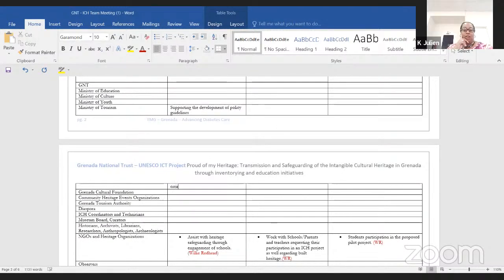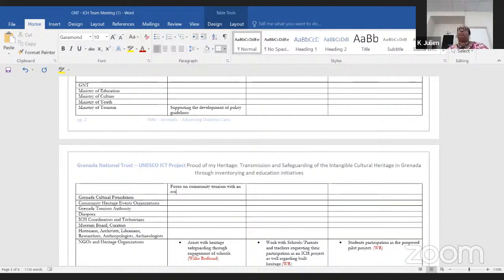The idea of focusing on community tourism is to reach out to different community groups and organizations and to revive those who may be a bit dormant or not active anymore, and to help them in any way that they need in terms of training and support in any way that the ministry can.